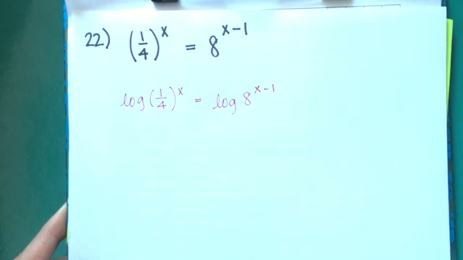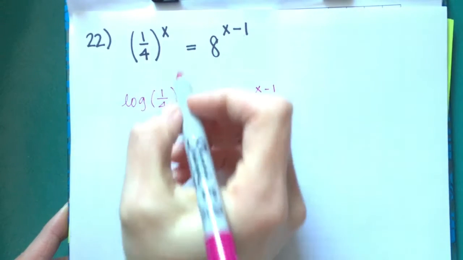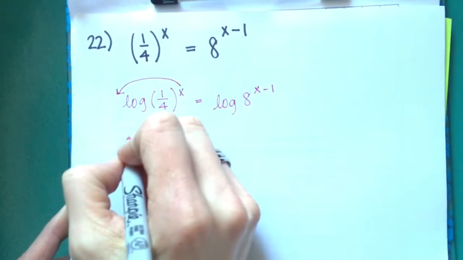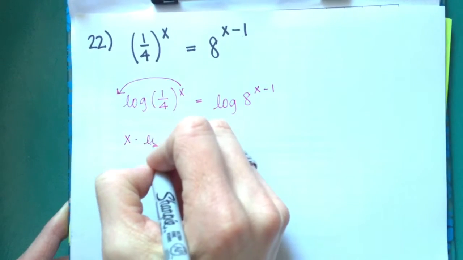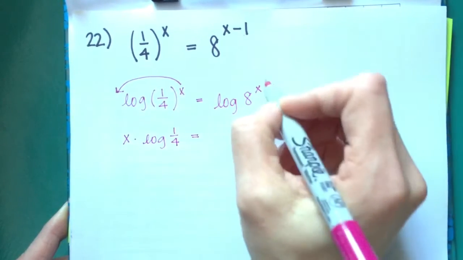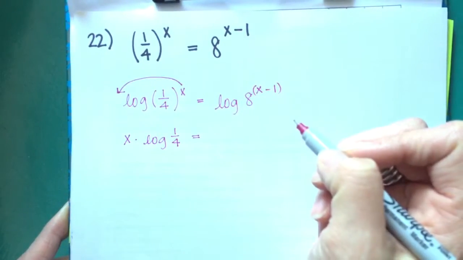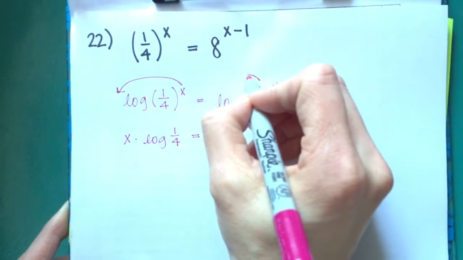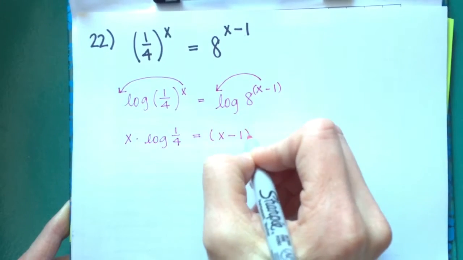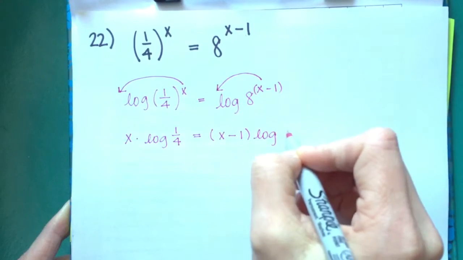So the power property now says that I can take those exponents, pull them down in front of the log and multiply. So I pull the x down in front on the left-hand side and get x times log of 1/4 equals the x minus 1, that whole thing is the exponent now. Pull that down in front, x minus 1 times log of 8.